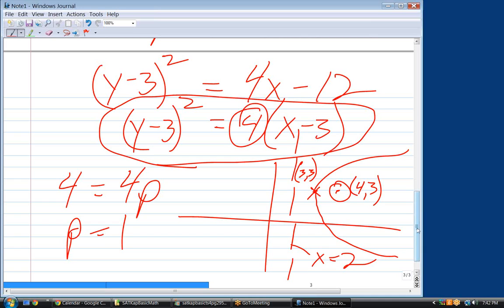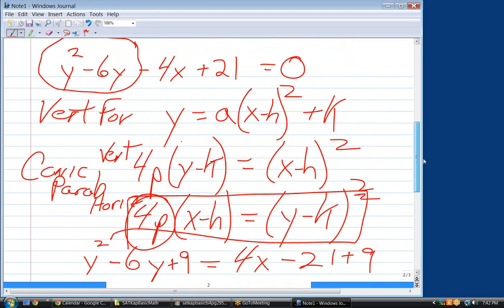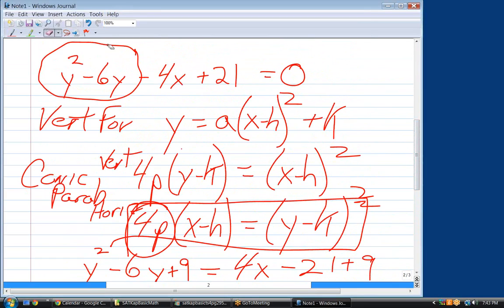Yes. Yeah. On all of these conic sections, if you're given the original equation as a polynomial like this, and this could have y squared and x squared and a y and an x and a number, these come in all kinds of flavors. You always have to complete the square because the general format for all of them, whether it's a circle, ellipse, hyperbola, or parabola, has a term that is either x minus h squared or y minus k squared.